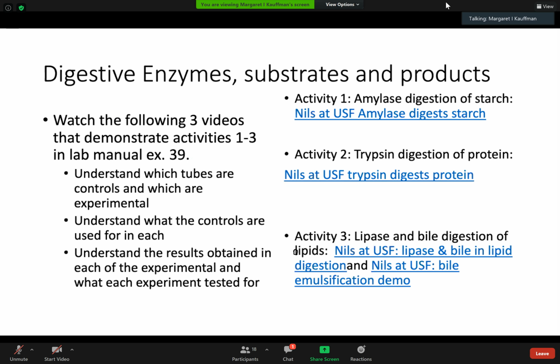Some of it's pretty obvious, like, they boil the enzyme and denature it, and then it shouldn't do its job anymore, which is what the experiment is testing for. So we'll come back to this next Tuesday and go over it. And I think then it's due, I believe, Tuesday as well. So be prepared for that.